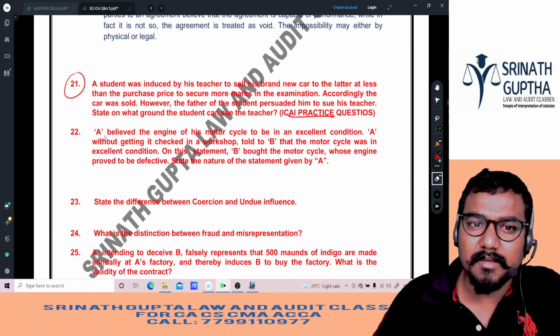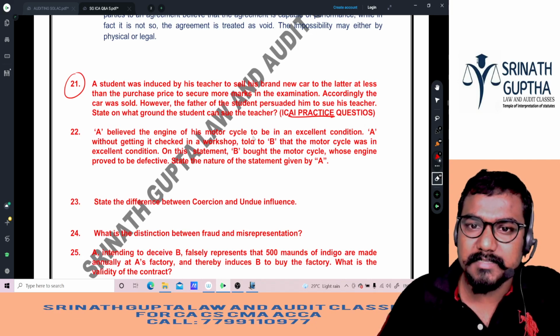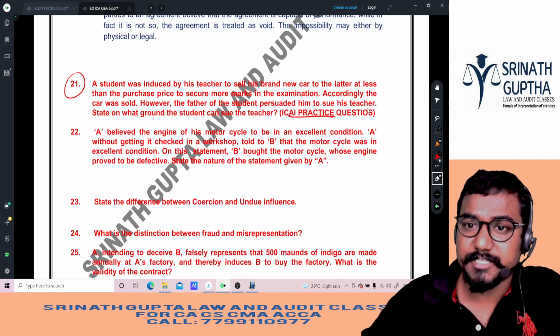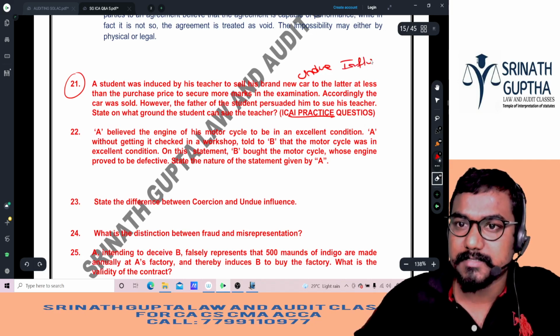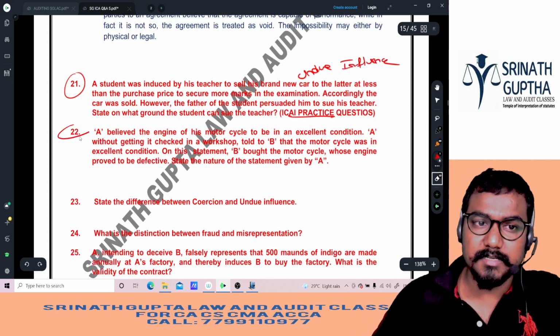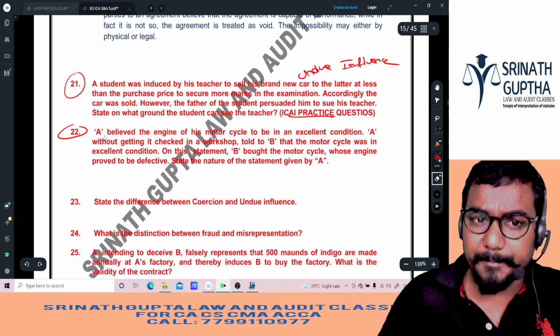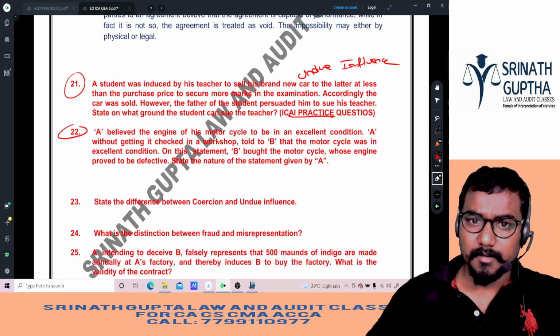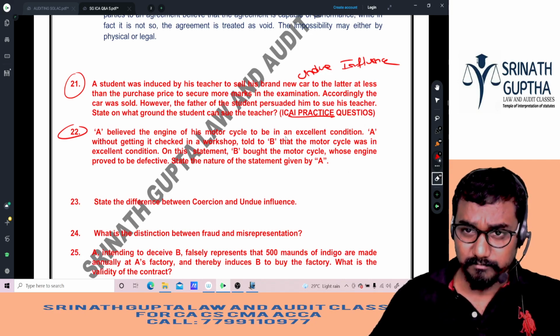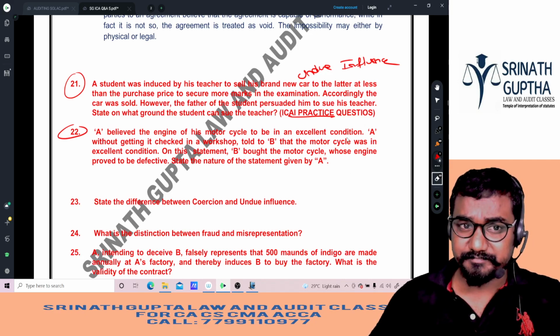This one, 21, is undue influence. Next, 22nd question. A believed the engine of the motorcycle to be in excellent condition.